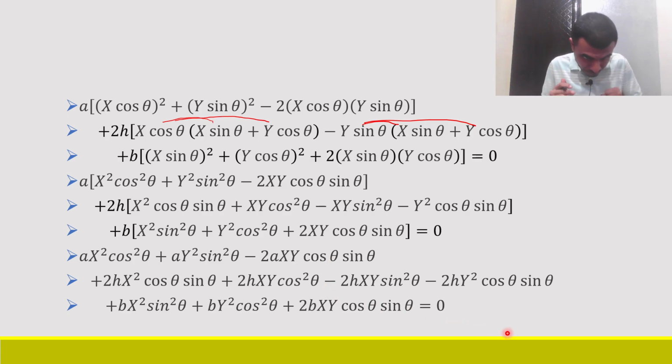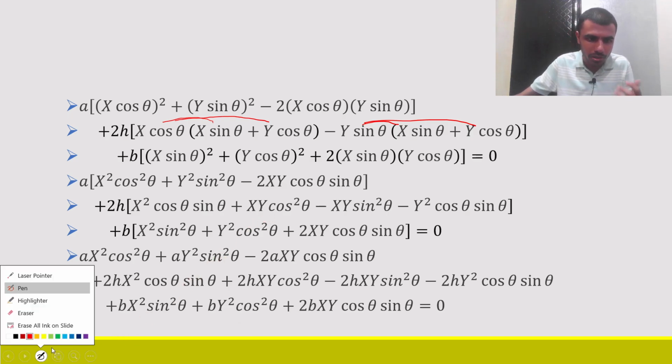Fine. Now what I'm going to do, I'm going to take x square common. Okay, basically there are 3 plus 4 plus 3, 10 terms ఉన్నాయి. ఇక్కడ 3 terms, ఇక్కడ 4 terms, ఇక్కడ 3 terms. So 10 terms ఉన్నాయి. ఈ 10 terms లో నేను ఏం చేయబోతున్నాను అంటే I'm going to take x square common. Okay, what are the x square terms? I'm going to use multiple colors so that it's easier to identify.